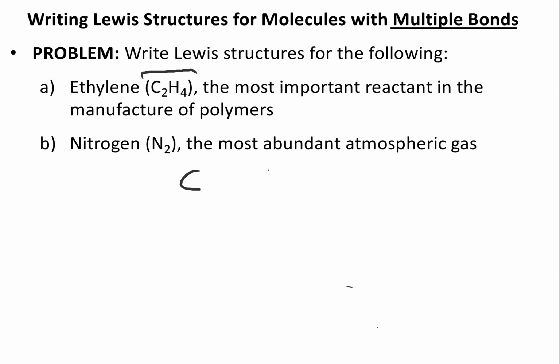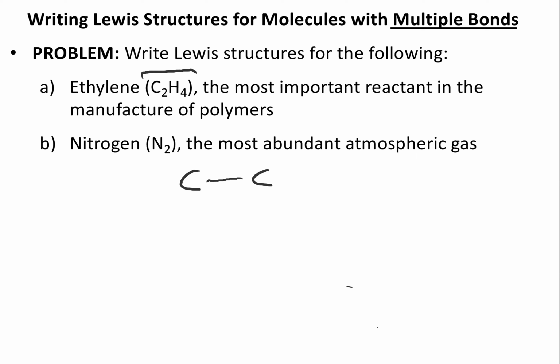This is easy. Carbon's always a central atom, so I'm going to put that one in the middle. Again, pattern recognition. And here I'm going to have two central atoms because I've got two carbons. I'm going to connect them just to remember that. And then I've got these four hydrogens that I'm going to have to distribute around.